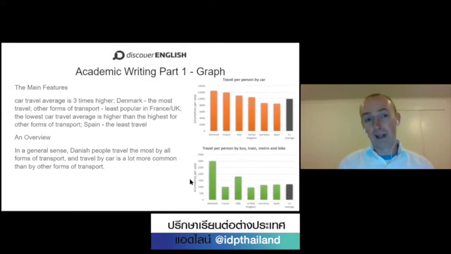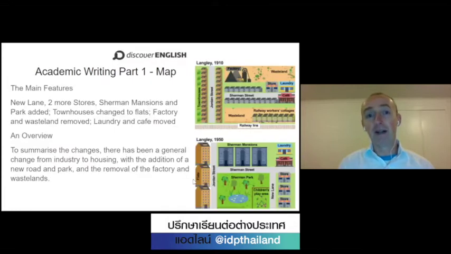Now we'll move to the next section. That was the graph. Let's have a look at the map. Now the map can be a bit confusing. If you look here, you've got 2 maps, and what you're describing here is slightly different to the graphs. With the map, you're describing the change.